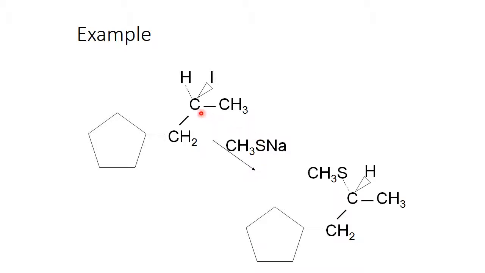It's going to come in from behind the page, and as it comes in, the iodine is going to leave out the front. Notice what happens to the hydrogen. It was back. These two groups stay in the same place. Once that sulfur group comes in, the hydrogen flips forward, and that's showing the inversion taking place.